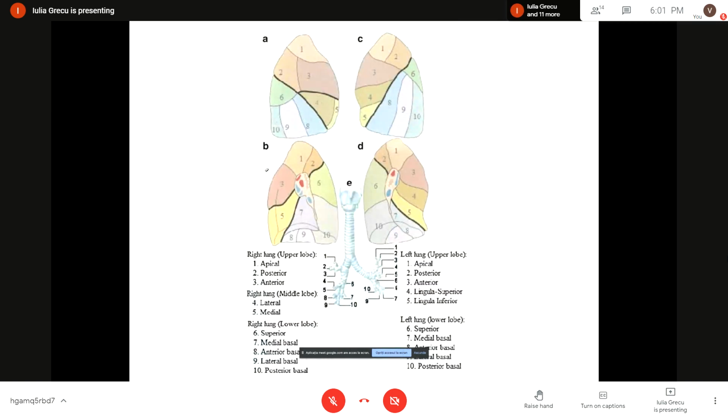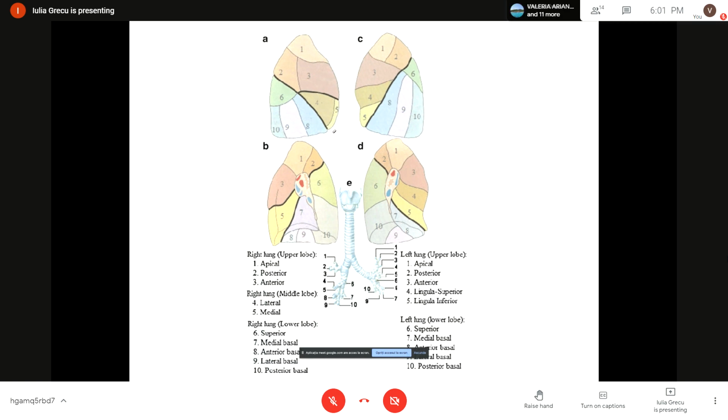This is the segmentation of the lung. In order for you to recall the anatomy, I don't think that we will get into so much detail, but it is sometimes very easy to say that a lesion is located in the apical segment of the upper lobe.